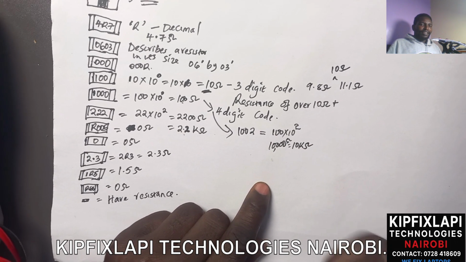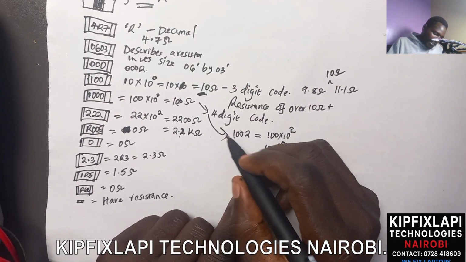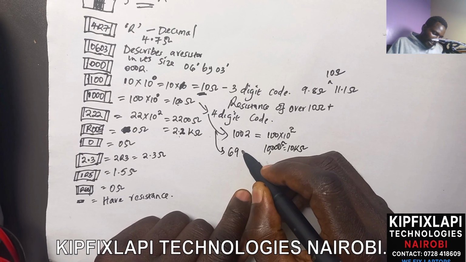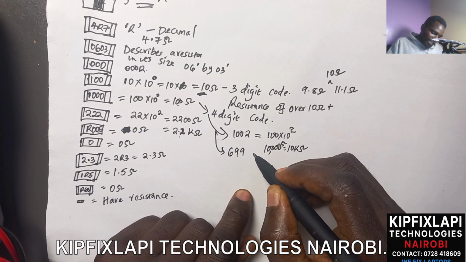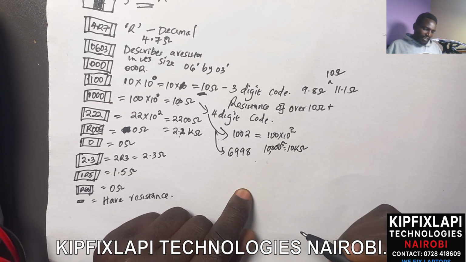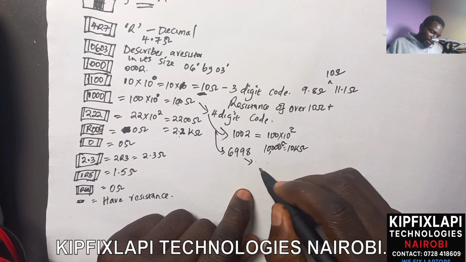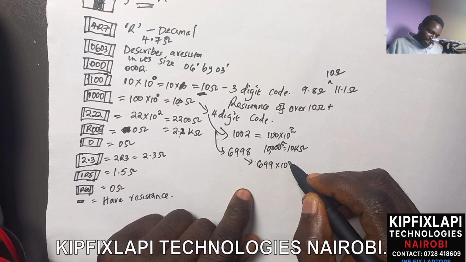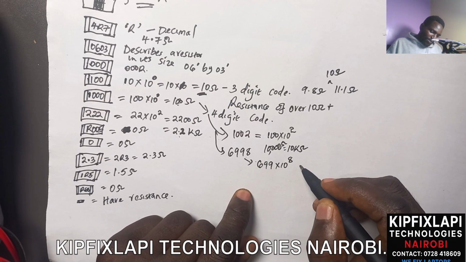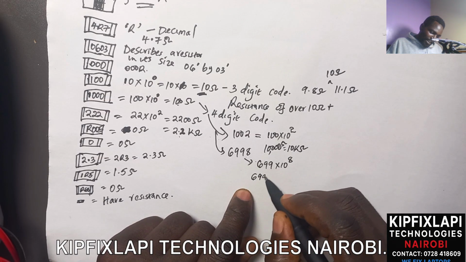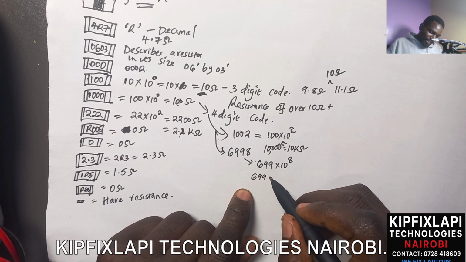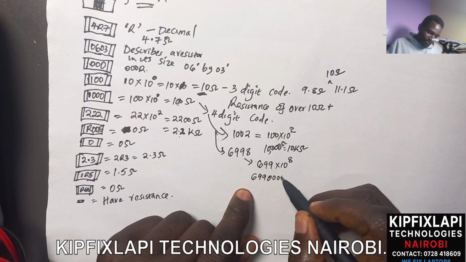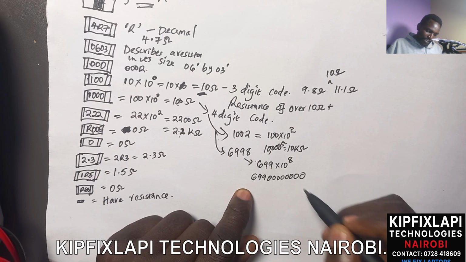What about, let's say we have a resistance of 6998. What does this mean? This one means 699 times 10 raised to 8, which is equivalent to 699 times 8 zeros. 1, 2, 3, 4, 5, 6, 7, 8.